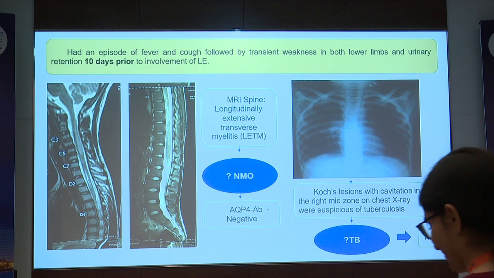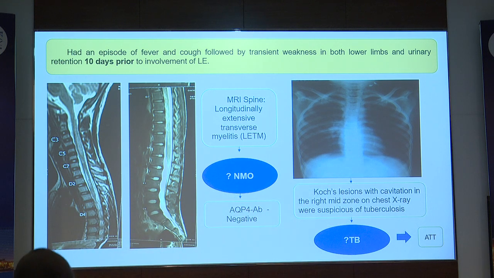On digging more into history, we found that he had an episode of fever and cough, followed by transient weakness in both lower limbs and urinary retention 10 days prior to involvement of the left eye. The MRI spine was done at that time, and it was suggestive of LETM, which is longitudinally extensive transverse myelitis.